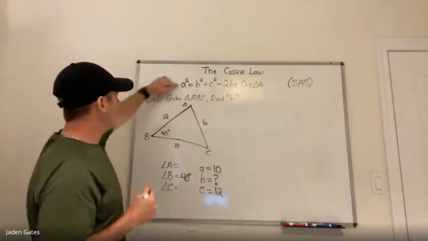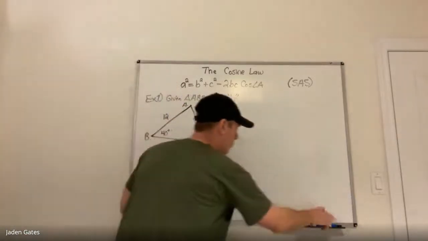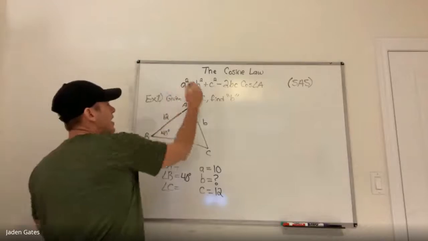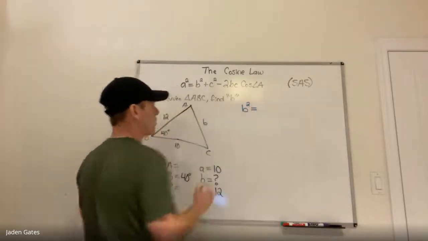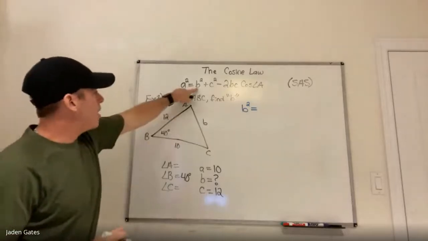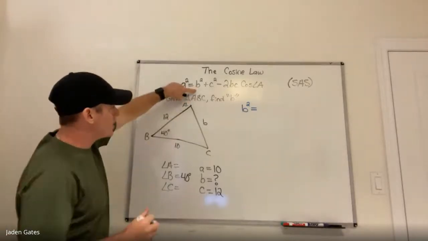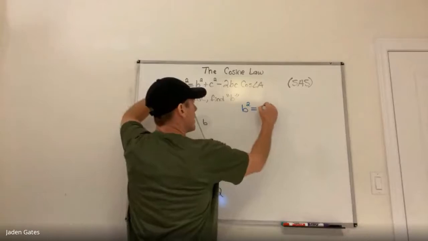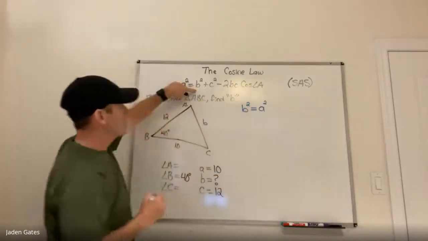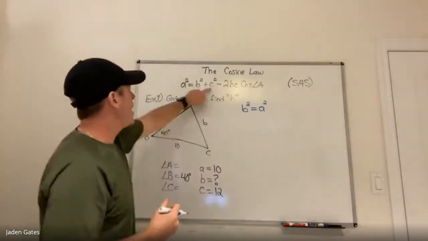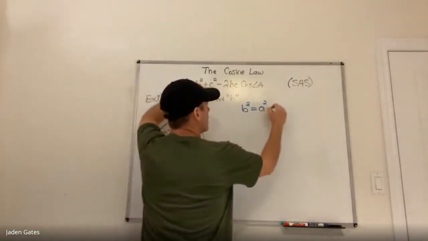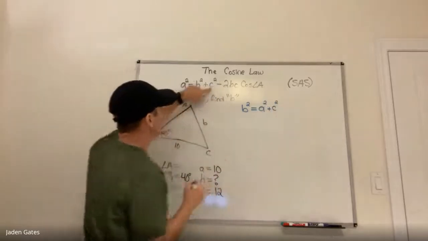And so when I rewrite this formula, instead of an A squared, I want the side B. So I'm going to have B squared over there. But now, like I said, I switched A's and B's, so this B squared becomes an A squared. Because I'm finding side B. C squared, again, I'm not touching that. I'm not touching C's, I'm just switching A's and B's.